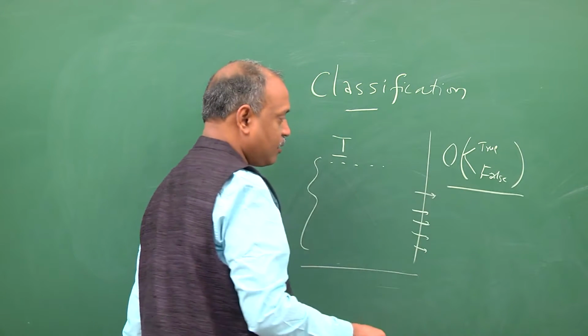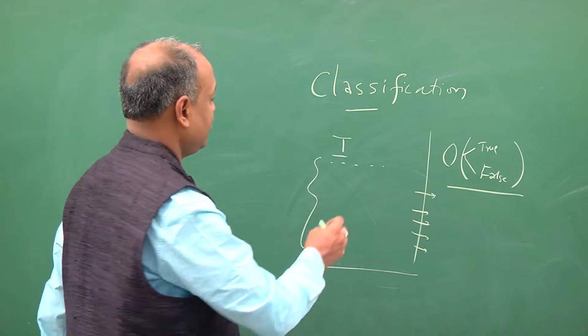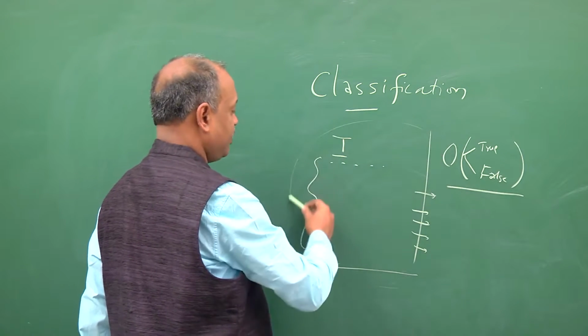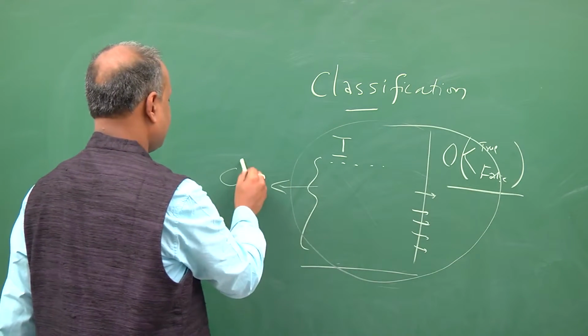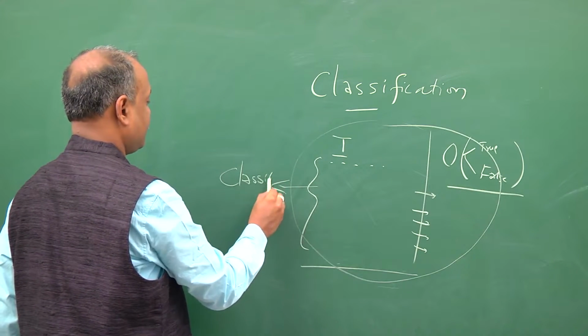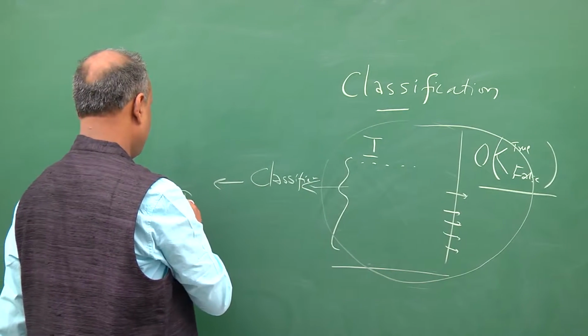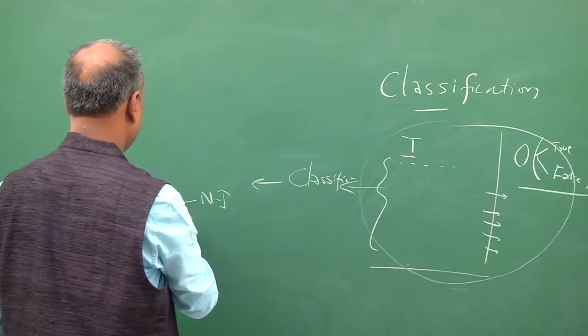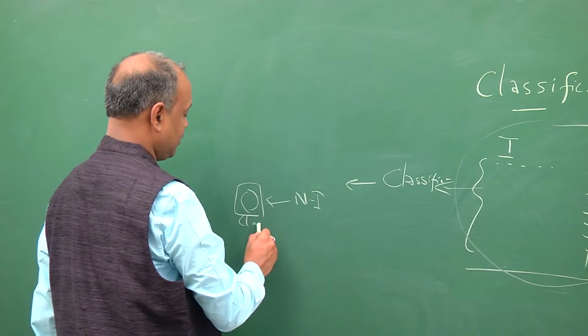So classification is a set of techniques which take a set of labeled data, create a classifier, which when given a new input is able to give us the most probable output class.